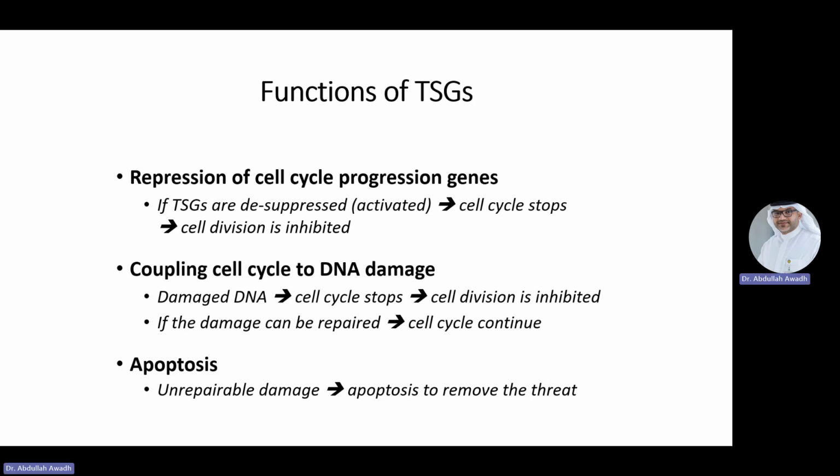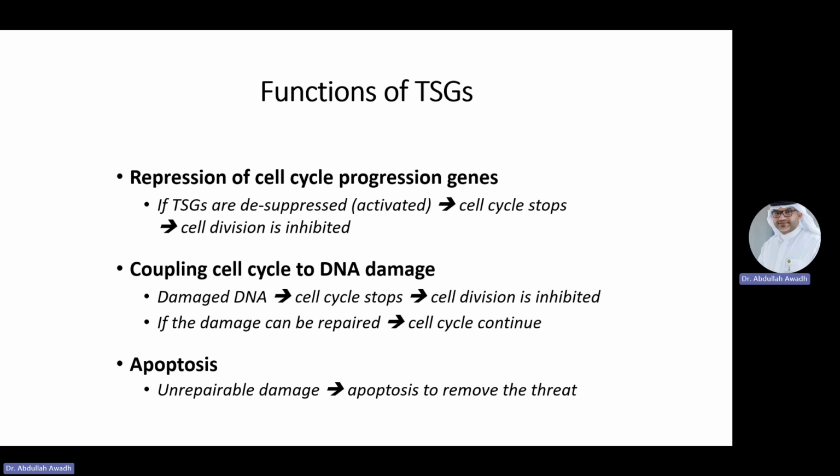The tumor suppressor gene couples the cell cycle to DNA damage. So if damaged DNA is detected, the cell cycle will stop and cell division is inhibited. Now, this is not entirely on and off. It can provide a chance for the damage to be repaired. If the damage is repaired, then the cell cycle continues.